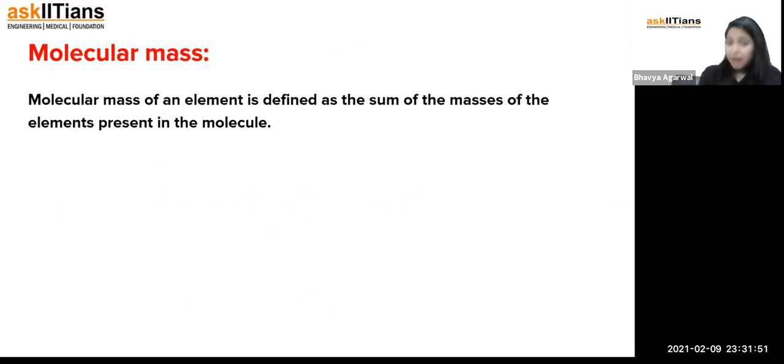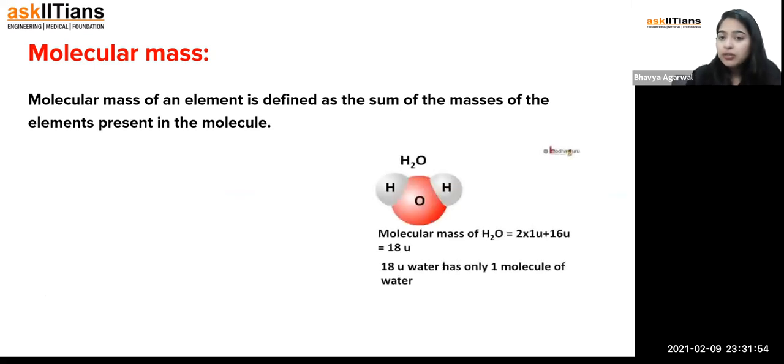Now we talk about something known as the molecular mass. The molecular mass is defined as the sum total of the masses of each element in the molecule. For instance, take water. Water is H2O, so in a water molecule you have 2 atoms of hydrogen and 1 of oxygen.